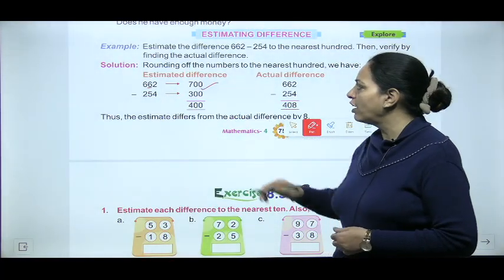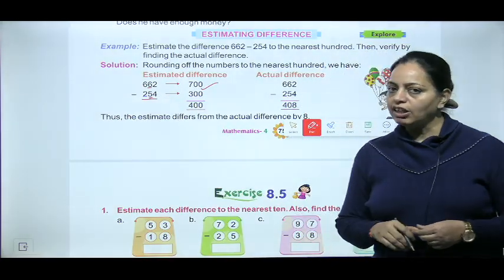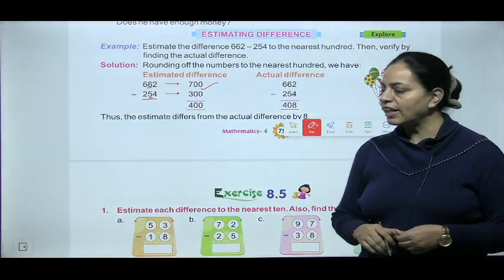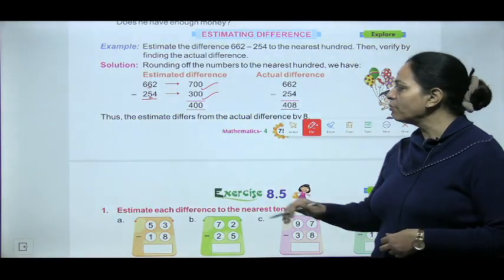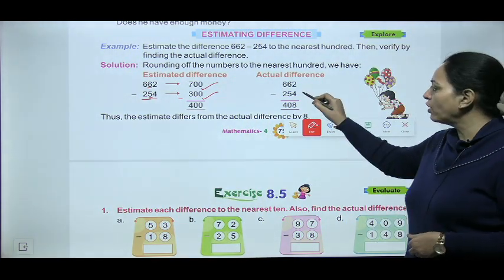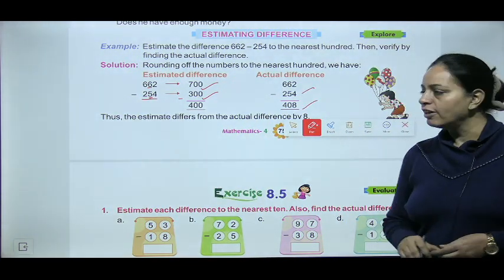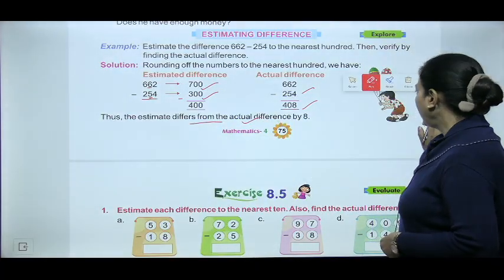This becomes 700. And this is 254, 5, which is equal to 5, so there is change in tens digit. This becomes 300. Now find the estimated difference. This is 400. Now find the actual difference. This is 408. So estimate differs from the actual difference by 8.